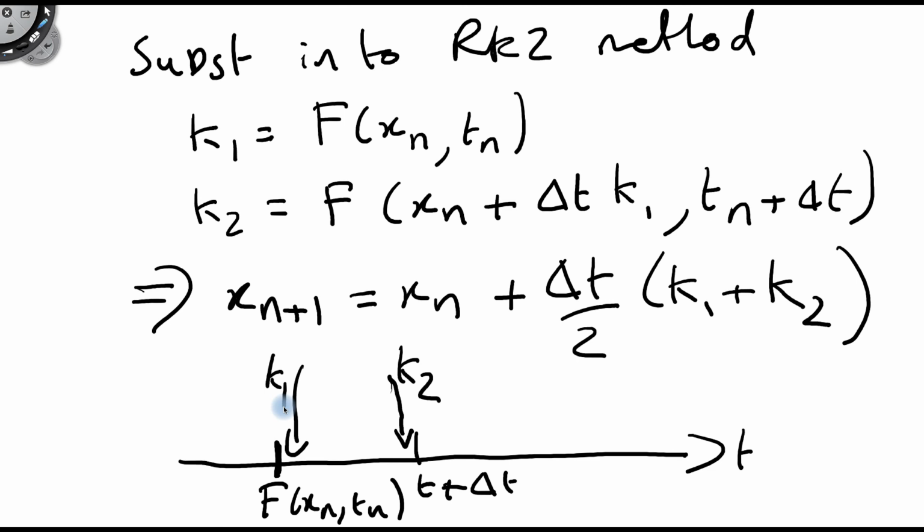Now it's interesting to see if we just really simplified this massively, i.e. we undid the algebra we've done. If k2 was 0, if we didn't have k2 at all, or if k2 is equal to k1, say, we'd recover x n plus 1 equals x n plus delta t times k1, which is just your forward Euler method.